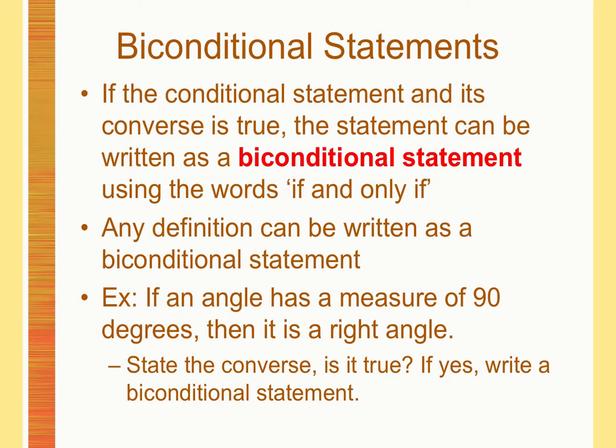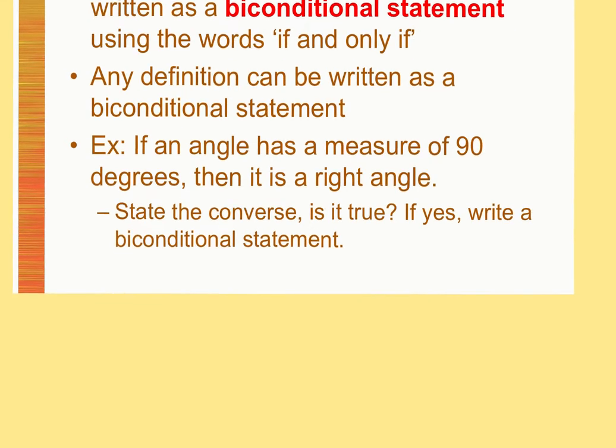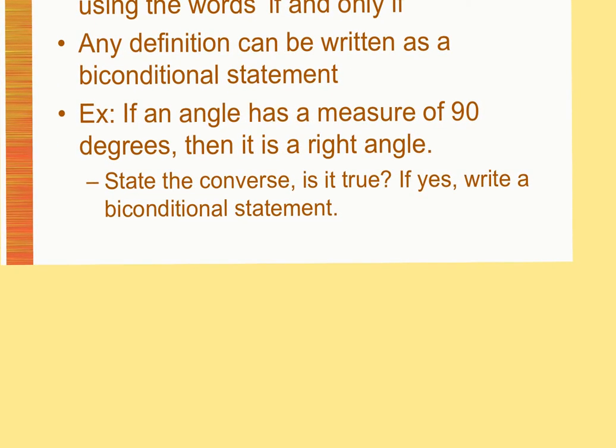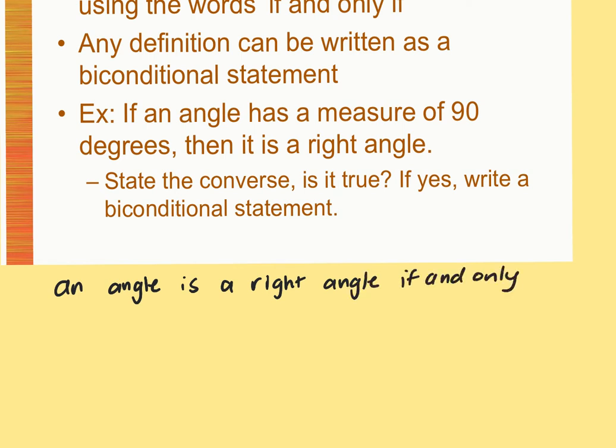So if my original statement is, if an angle has a measure of 90 degrees, then it's a right angle, then we can write it, and you can write it in two orders. An angle is a right angle if and only if its measure is 90 degrees.